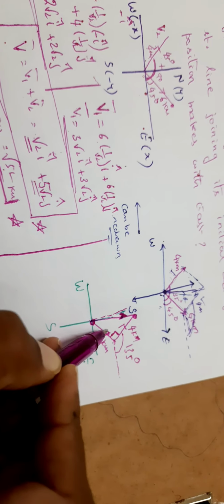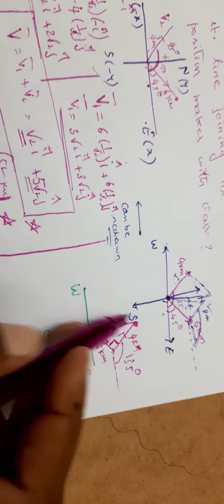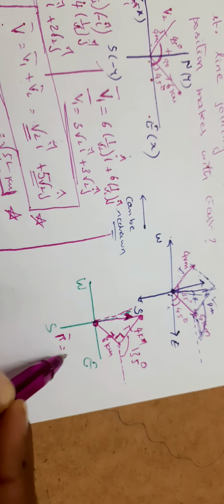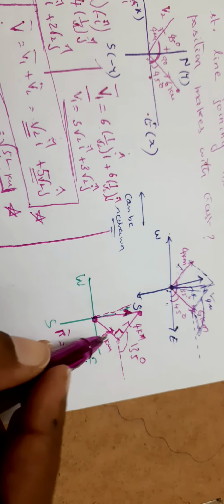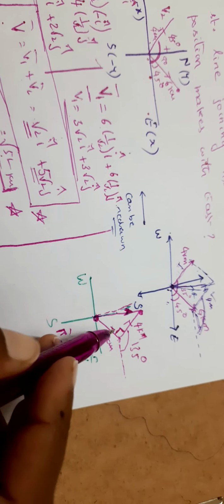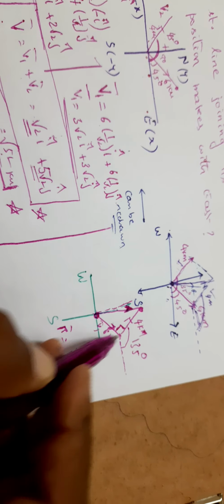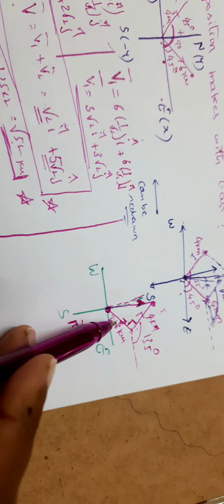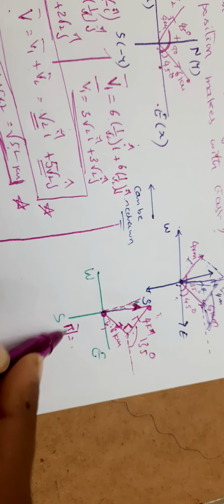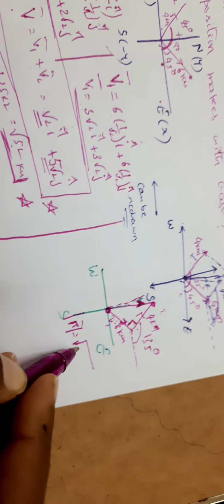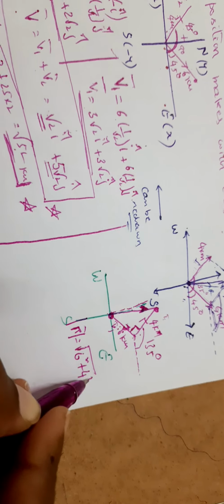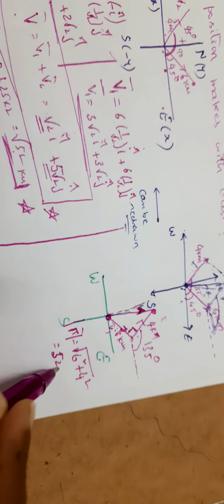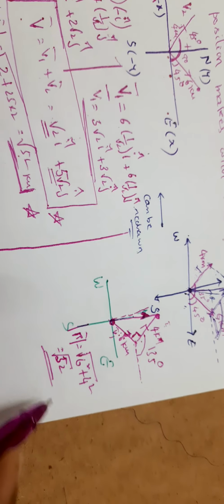Now from the triangle of vectors, the resultant R bar is equal to V1 bar plus V2 bar. Both are at 90 degrees. So the modulus of R bar is equal to the square root of 6 squared plus 4 squared, which is 36 plus 16, root 52.